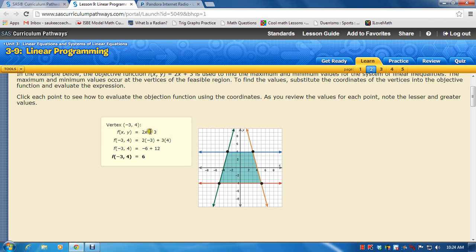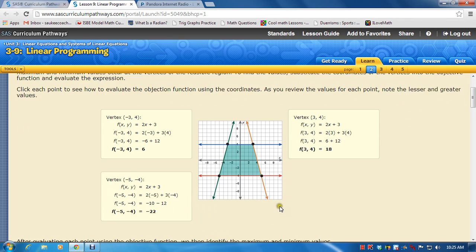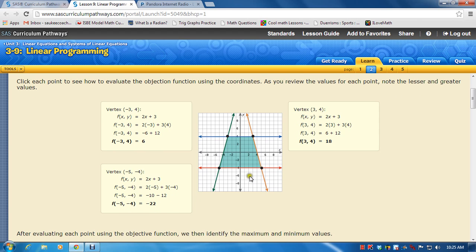When I plug that into my objective function, I get a value of 6. Now, when I plug it into 3, 4, I get 18. Plug in -5, -4, I get a negative value. And 5, -4, I get another negative value.